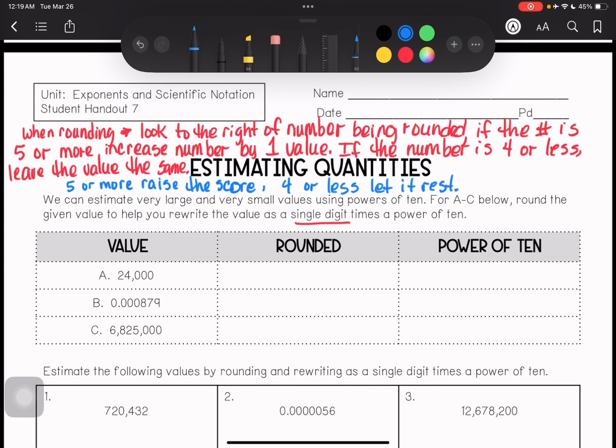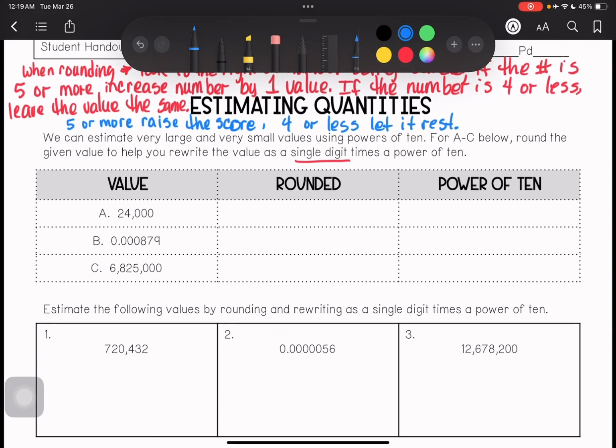And hopefully these are some pointers that help you remember how to estimate large quantities. So let's get into it.